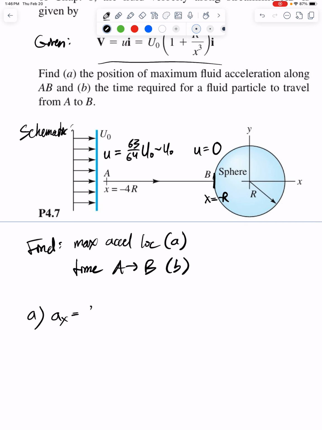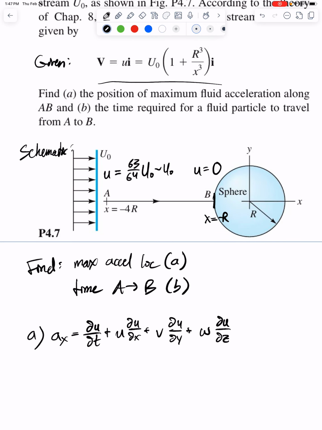Ax equals the time derivative of u, plus u times the x derivative of u, plus v times the y derivative of u, plus w times the z derivative of u. Our u velocity given to us is only with respect to x. Therefore, any other term cancels out. And also we're 1D, which is another thing.